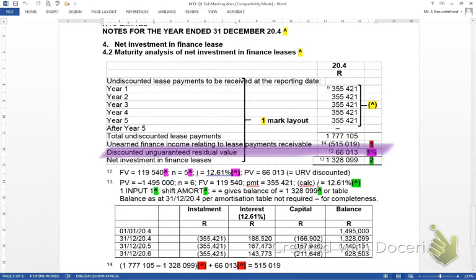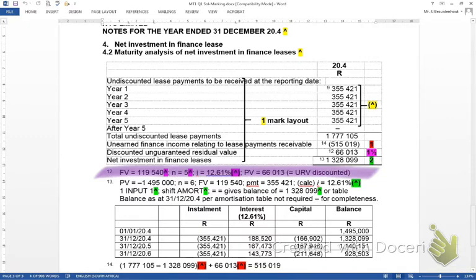Remember, 5, not 6 anymore. There's only 5 remaining. So 5 years from now, the unguaranteed residual value will be 119,540. We have to present value that for 5 years. So that's why we do this calculation here.